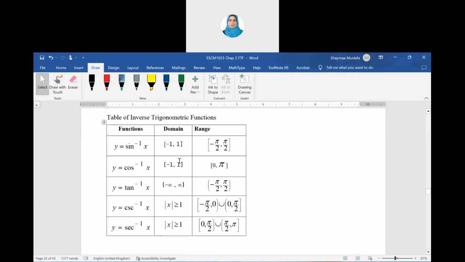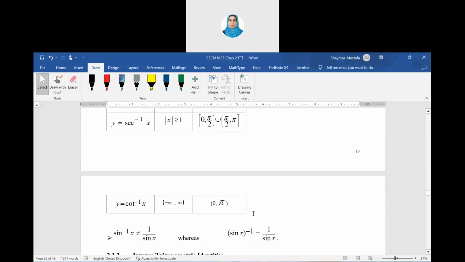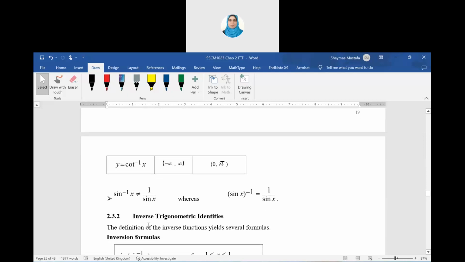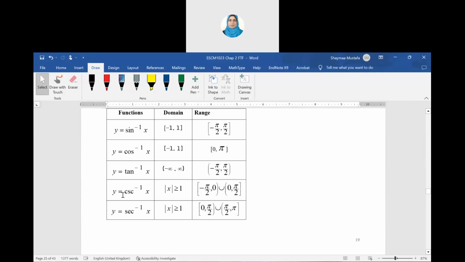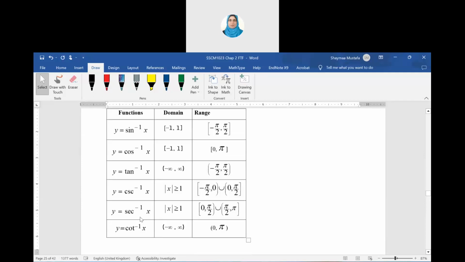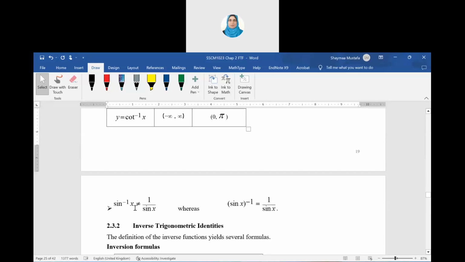It is very important to know the domain and the range of each of these functions, because we need to be careful when we solve examples, as we will show now. You need to know that sine inverse x is not equal to 1 over sine x, because that is the cosec function.